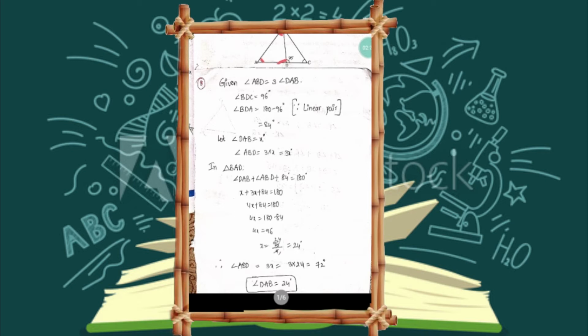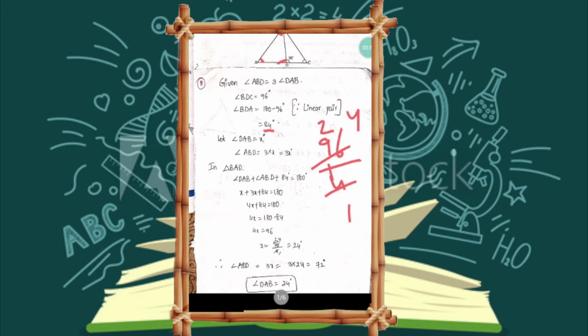That is x plus 3x plus 84 degrees is equal to 180. x plus 3x equal to 4x, plus 84 is equal to 180. 4x equal to 180 minus 84, that value is 96. x equal to 96 by 4. 96 by 4, see here children, cancellation. 4 ones are 4, 4 twos are 8, 1 6 is 16, 4 fours are 16. x equal to 24 degrees.